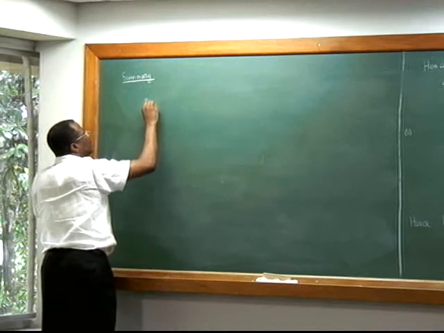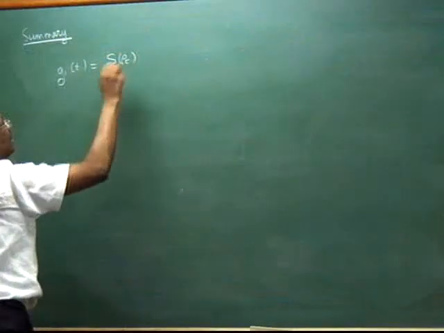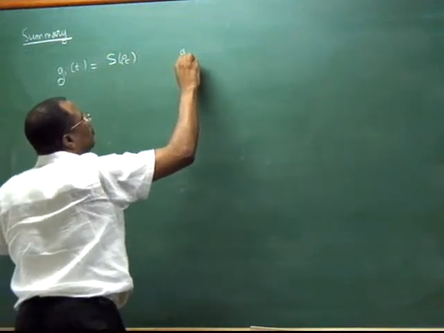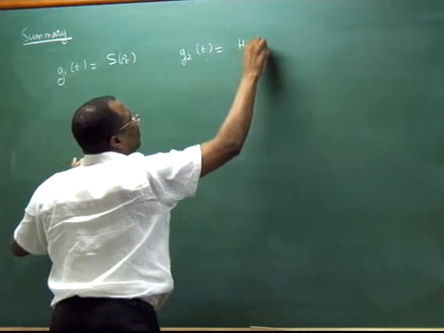Set G1 of t to be S of rho of t, and G2 of t to be H phi of rho of t.